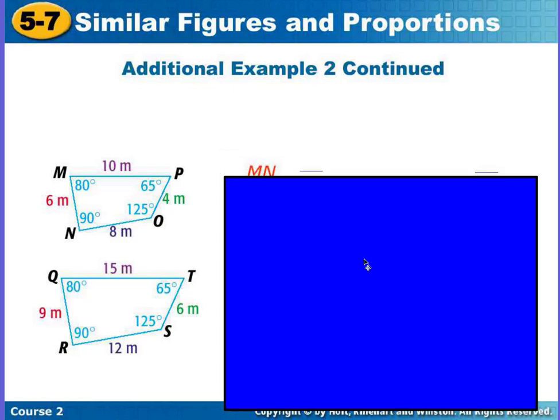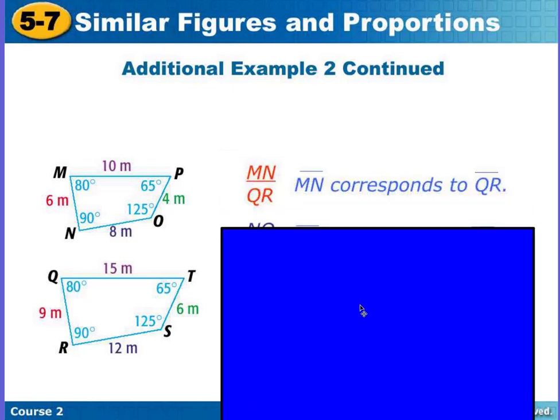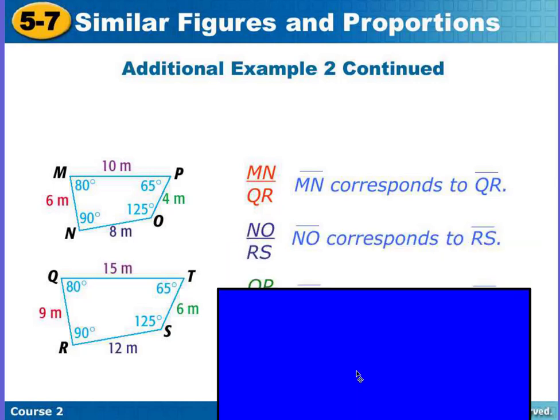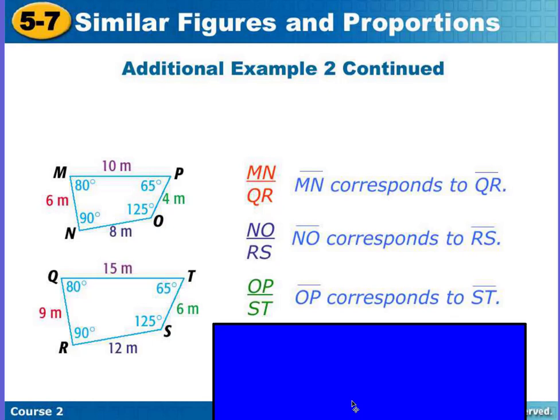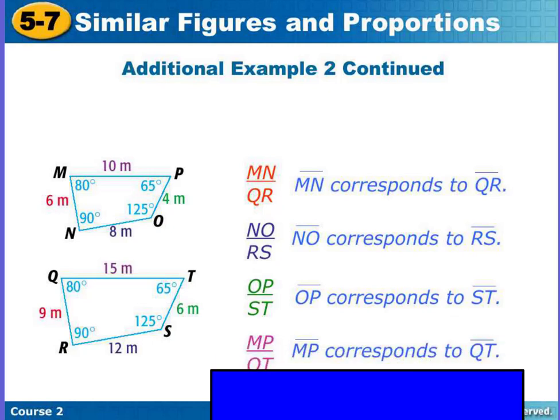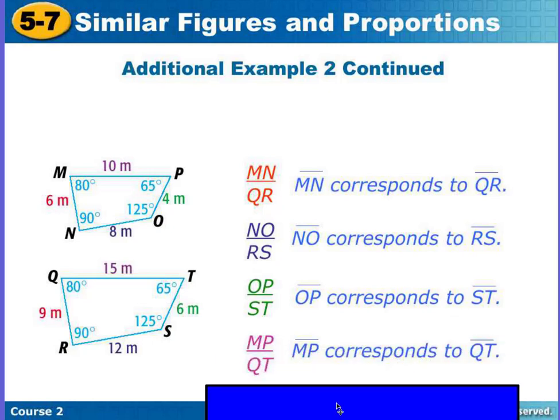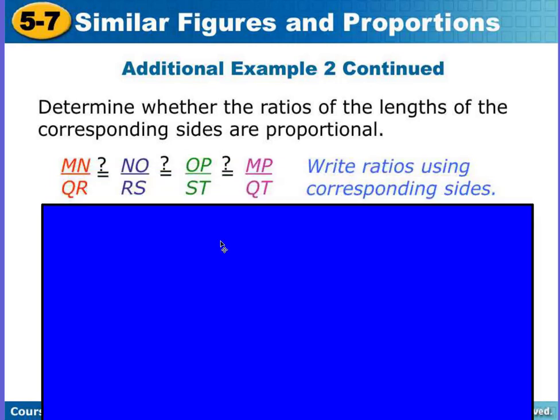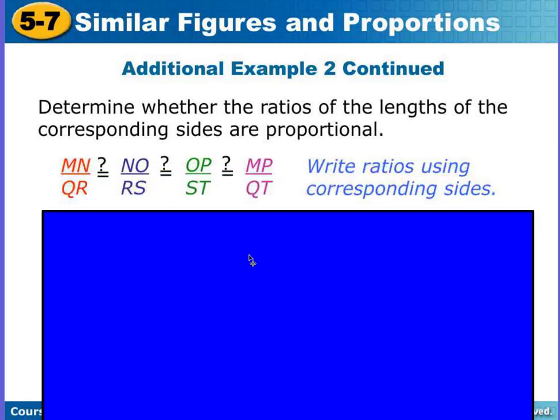So what we can do is write out all of our corresponding parts. MN corresponds to QR. NO corresponds to RS. OP corresponds to ST, and MP corresponds to QT. So we write that up, and we then replace each of these with their corresponding values, because this is the question that we're asking.